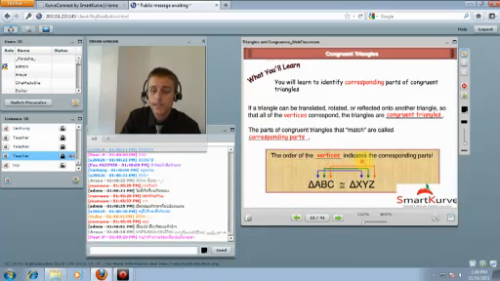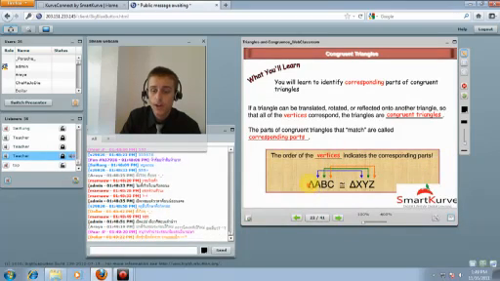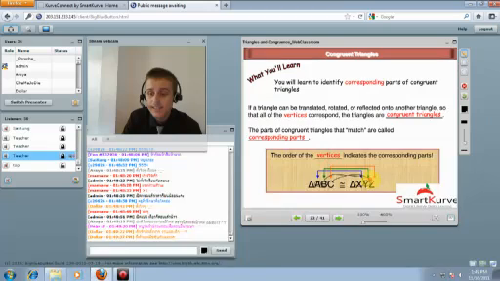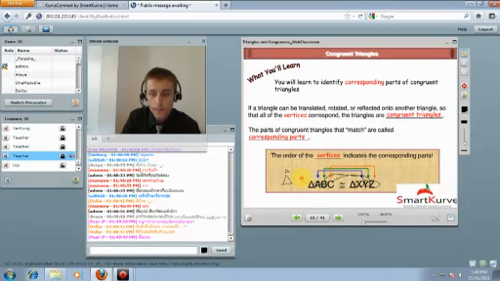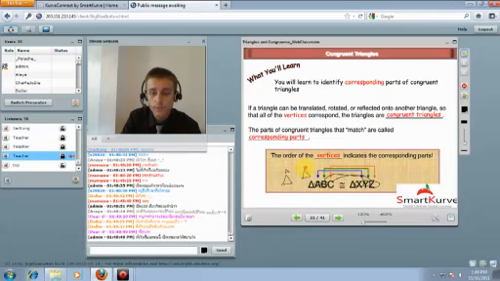So the order of the vertices indicates the corresponding parts. Triangle ABC is congruent to triangle XYZ, with A corresponding to X, B corresponding to Y, and C corresponding to Z. So in the triangle, if A is the vertex at the top, in the new triangle, X will be the vertex because they correspond to each other.